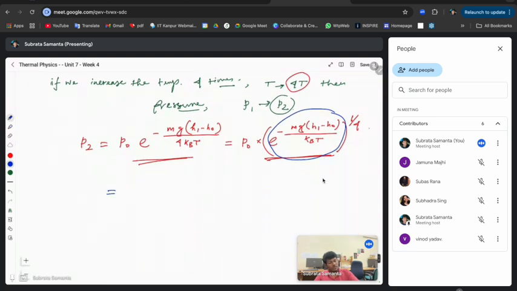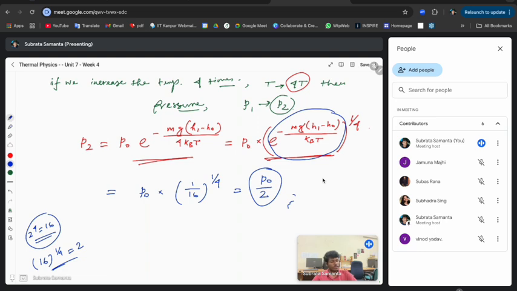So plug this value here. P naught times 1 over 16 to the power 1 over 4. So what is the value? 2 to the power 4 is 16, so 16 to the power 1 over 4 is 2. So it gives P naught over 2.